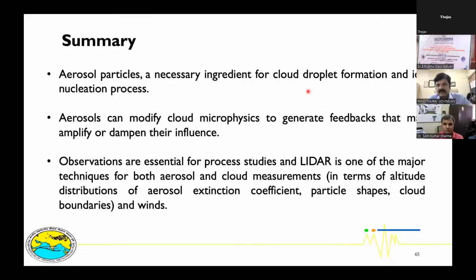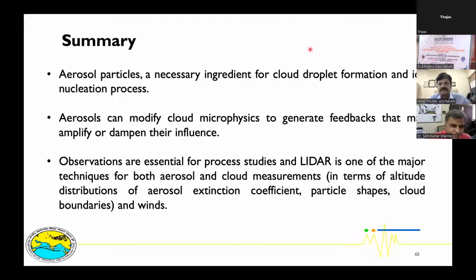We may not be able to get complete information from a LIDAR alone. So we have to use a combination of LIDAR and radar, so they complement each other to get better information.